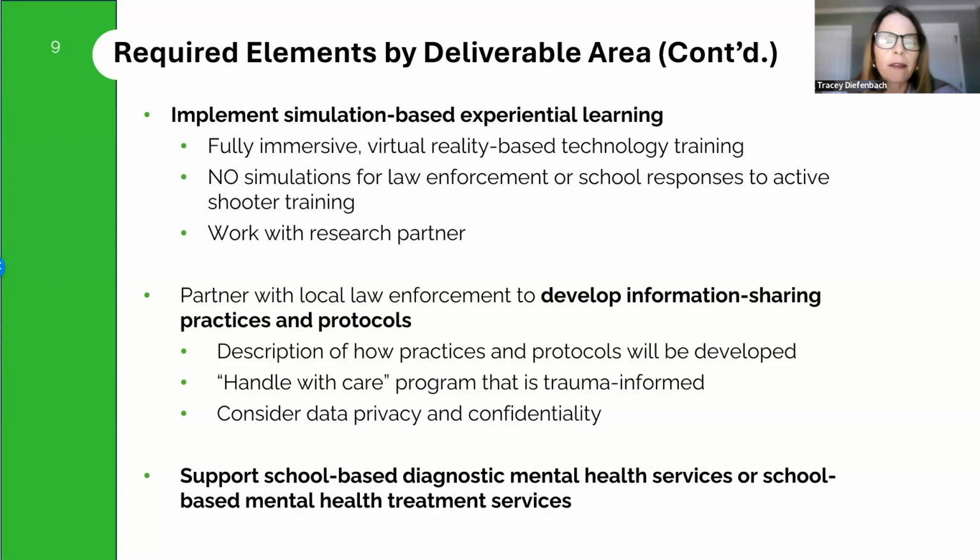And Deliverable Area 5 is projects that include partnering with local law enforcement to develop information sharing practices and protocols. Narrative here should describe how you will develop practices and protocols that allow law enforcement, school practitioners, community-based service providers, and others to regularly share information around violent crimes outside the school environment, such as shootings or homicides that may impact a student's behavioral health and well-being in school.